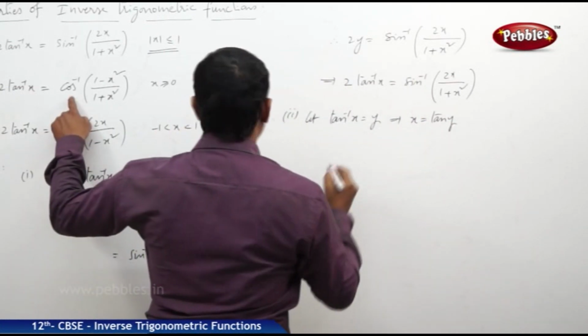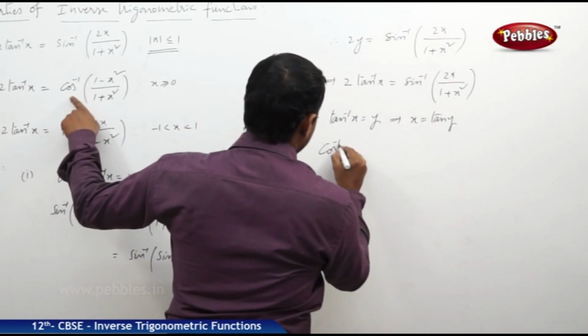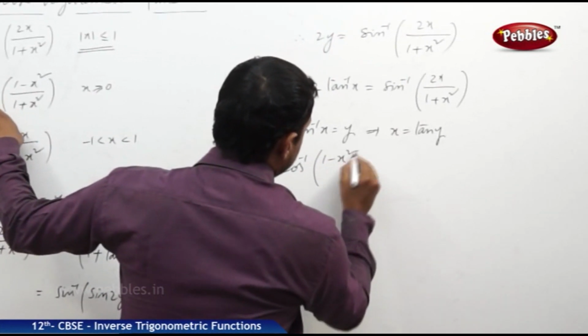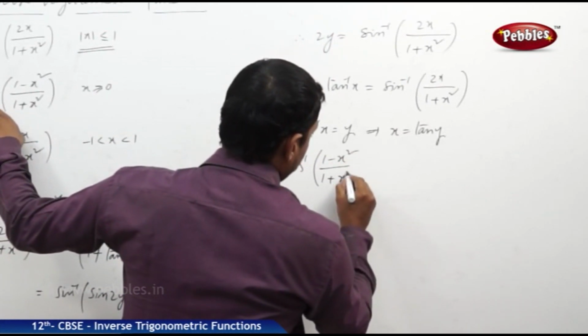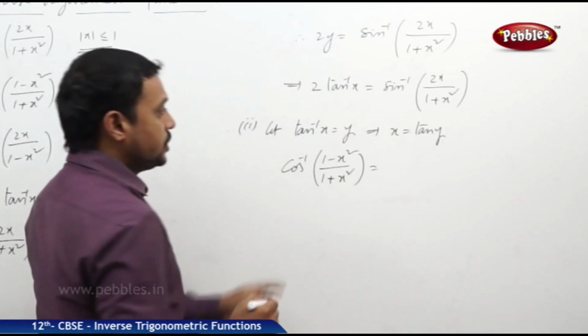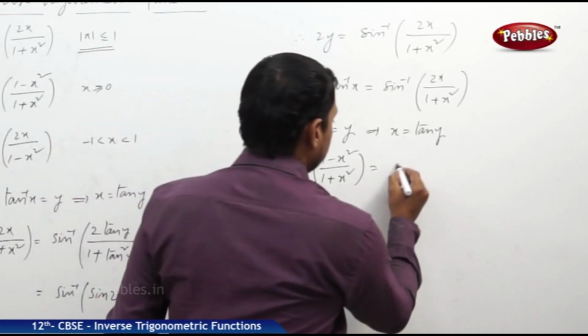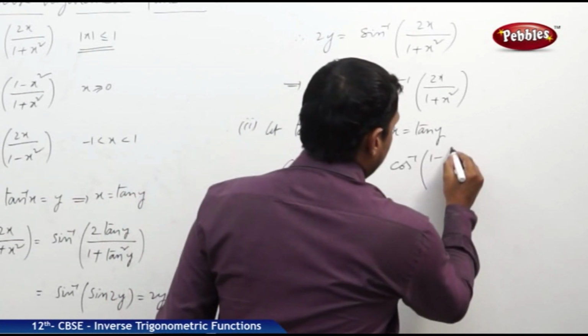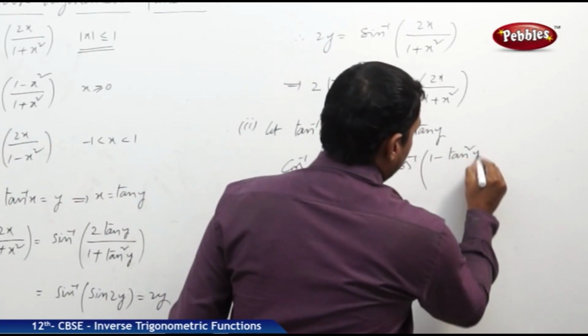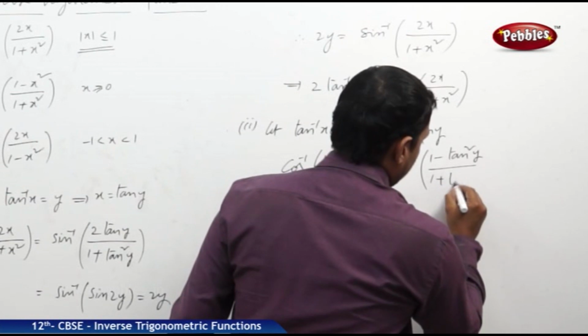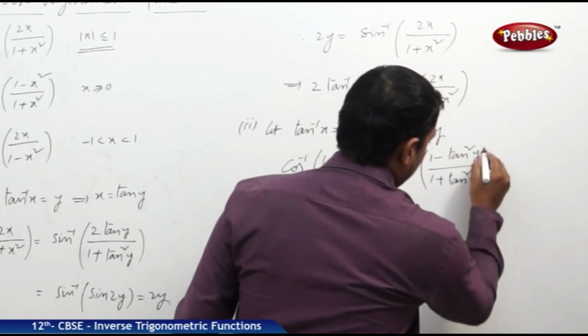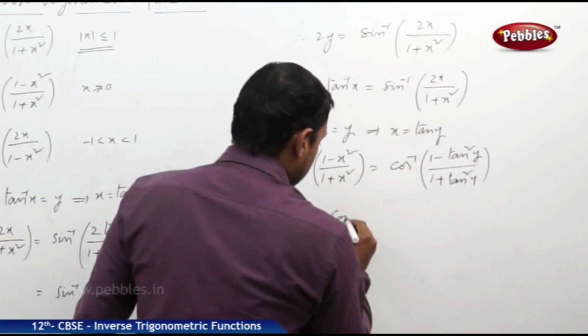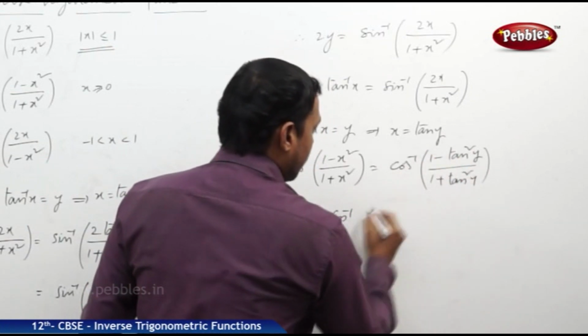Now consider cos inverse of 1 minus x square by 1 plus x square. Substitute x is equal to tan y. Then it is cos inverse of 1 minus tan square y by 1 plus tan square y. You know this cos 2y formula.